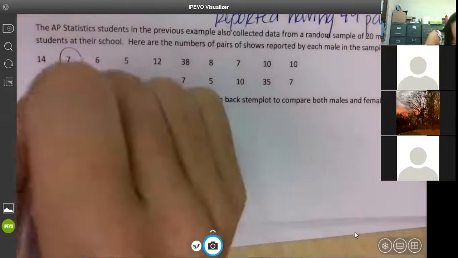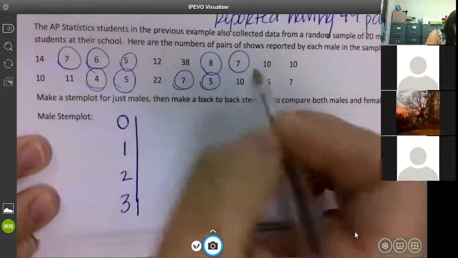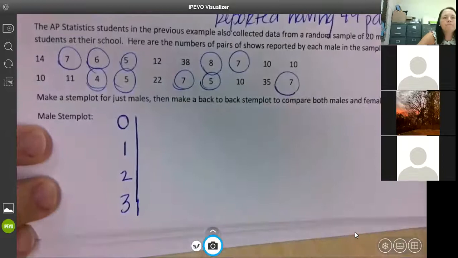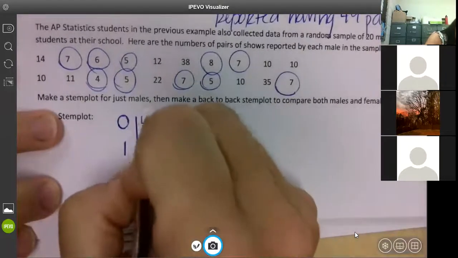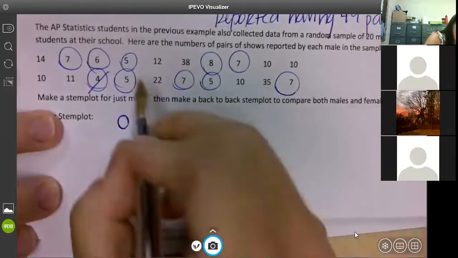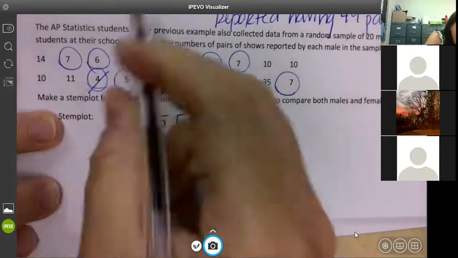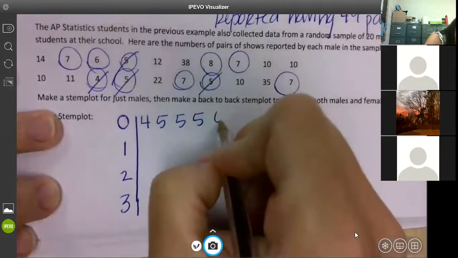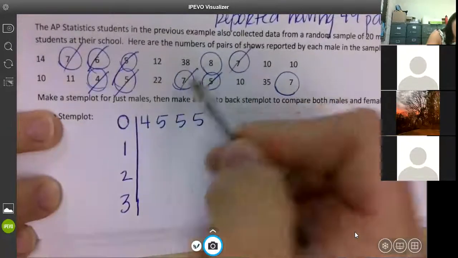Your single digits are what I'm going to pick up first. Your smallest one is 4. You have 3 5s. You have a 6. You have 4 7s and 1 8.